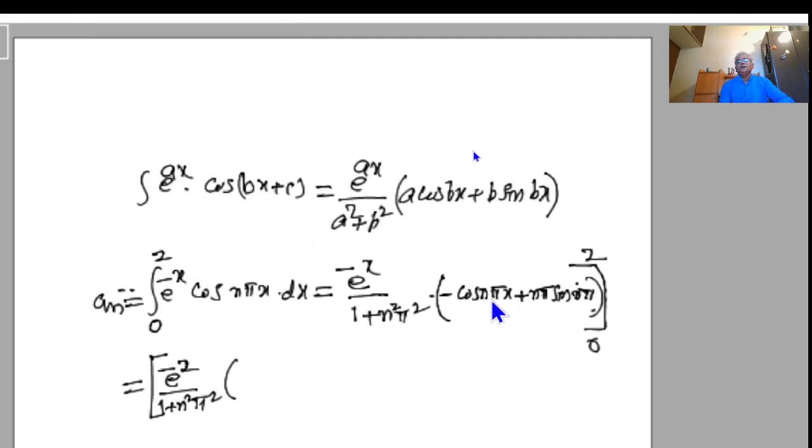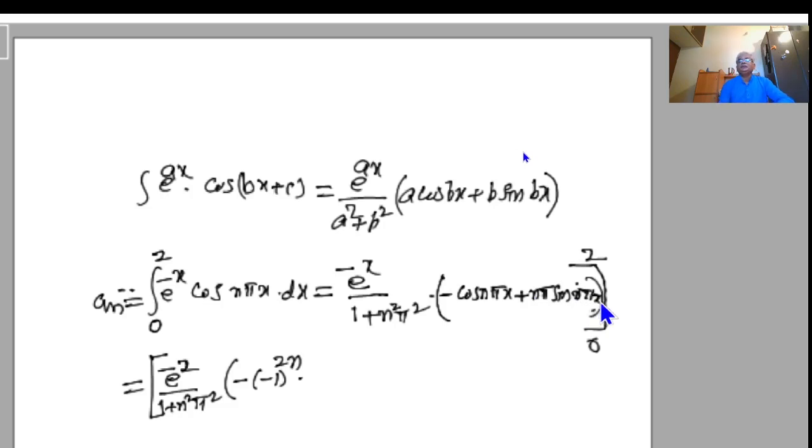Okay, and you know that cos n pi value is minus 1 to the power of n. Therefore, cos 2n pi value is minus 1 to the power 2n, and if I put n equal to 2 here.